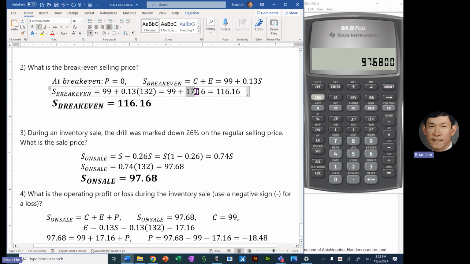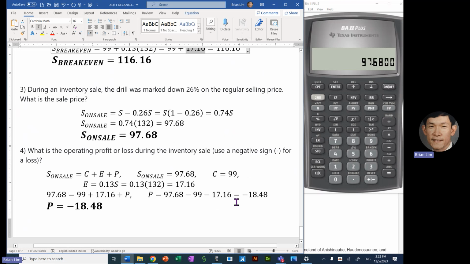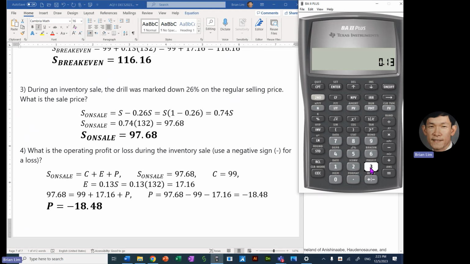Okay, so we know that the number is $17.16. Of course, we could do the calculation again and find it out, such as 0.13, and we multiply that by 132, and there we get the number 17.16.